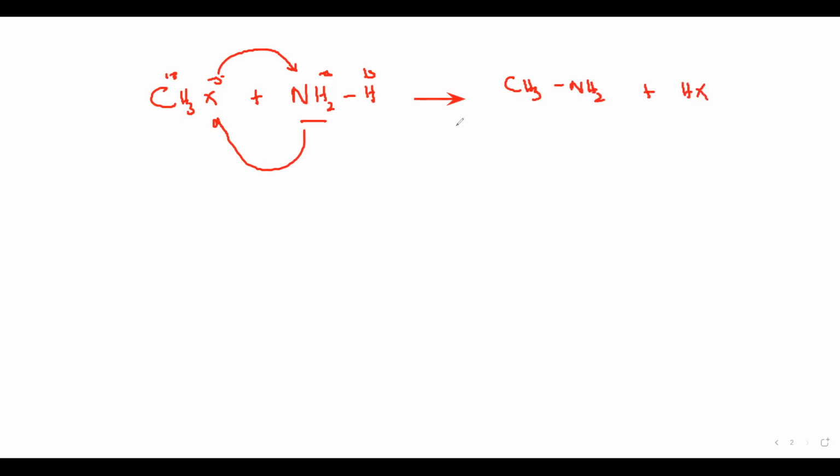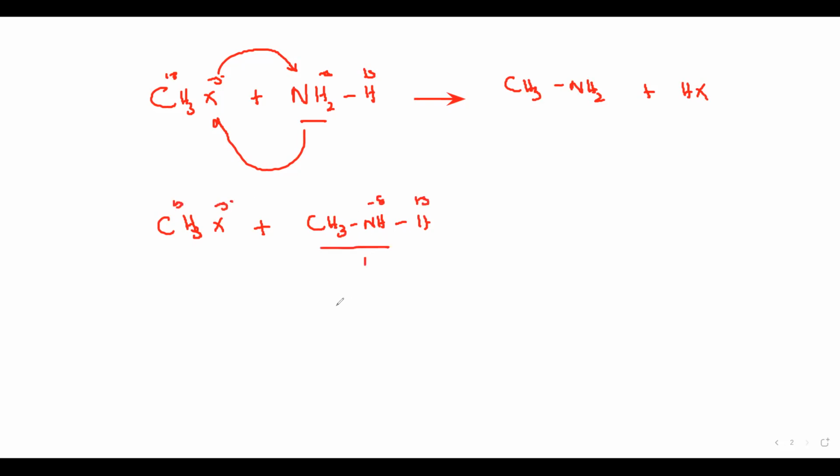Then what happens if we have a limited supply of ammonia? Then there is no more ammonia available. As a result, the halogenoalkane molecules further react with the amine. Now this is CH3, NH, and then H, because NH2 means NH and H. So this will be partial negative, this will be partial positive, partial negative, positive.